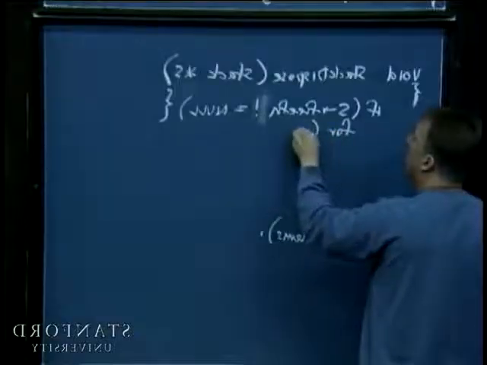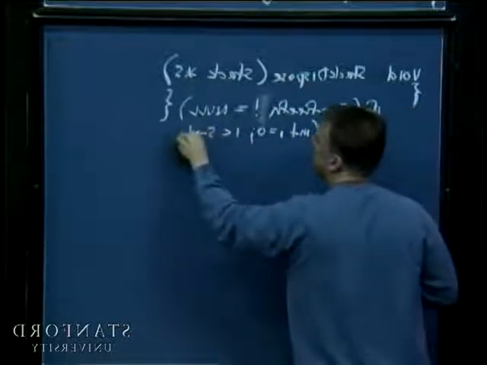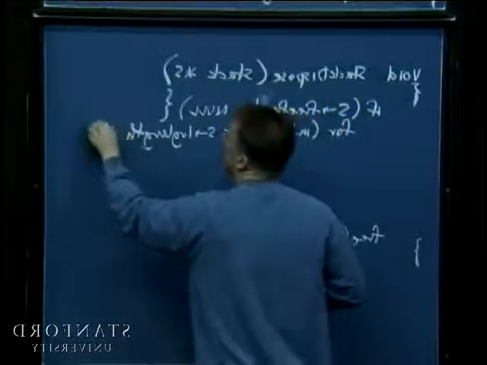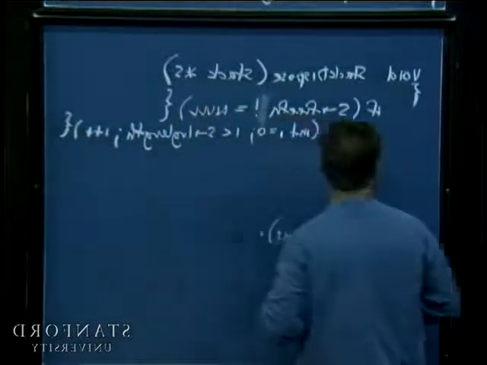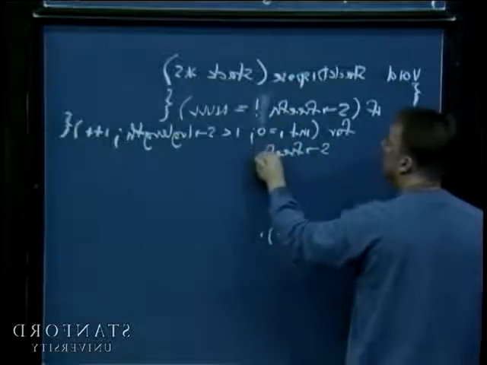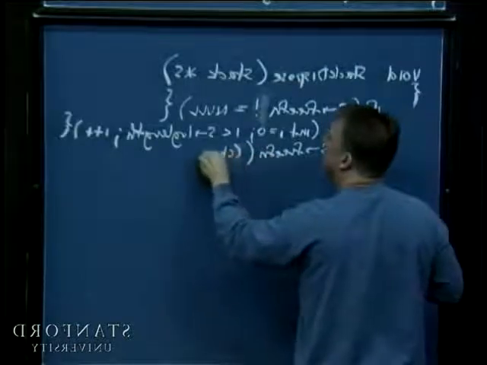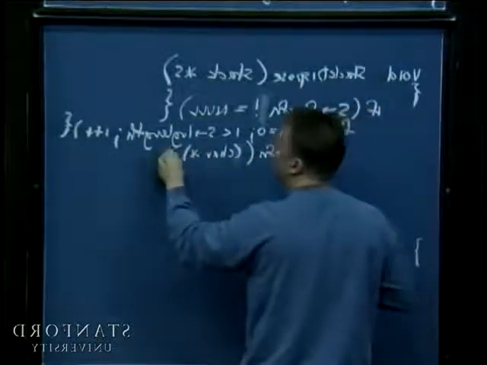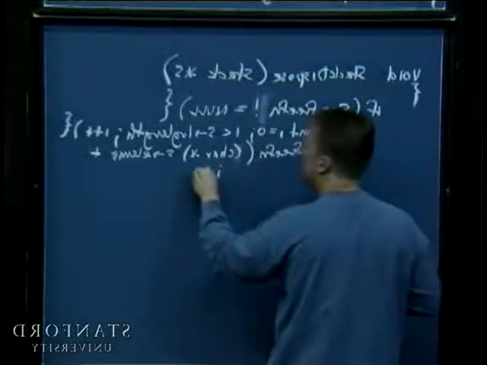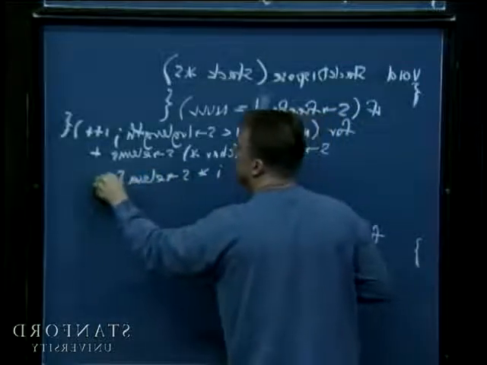For int i equals 0, i less than s arrow log length, i plus plus, I would just do s arrow free function of char star s arrow elems plus i times s arrow elem size.